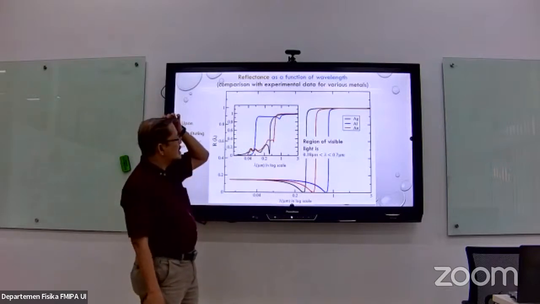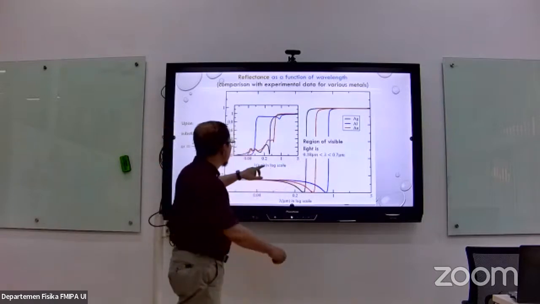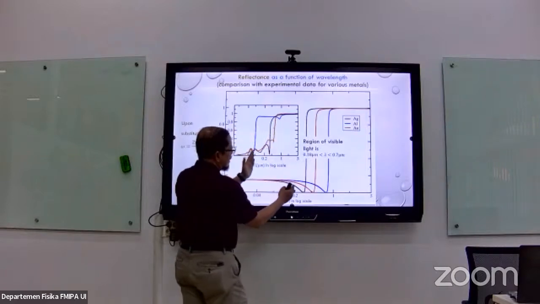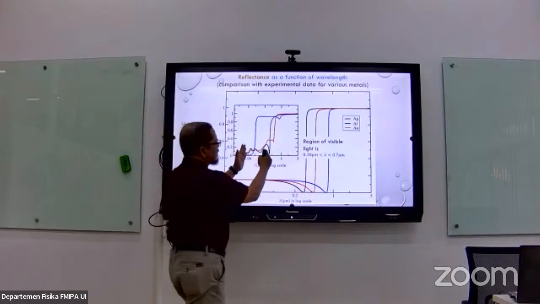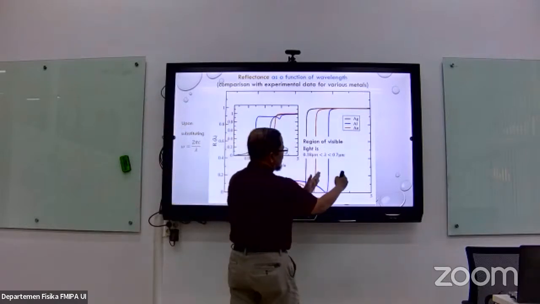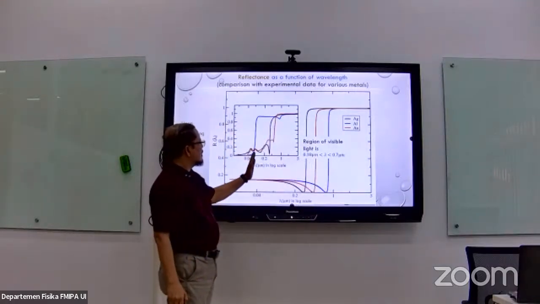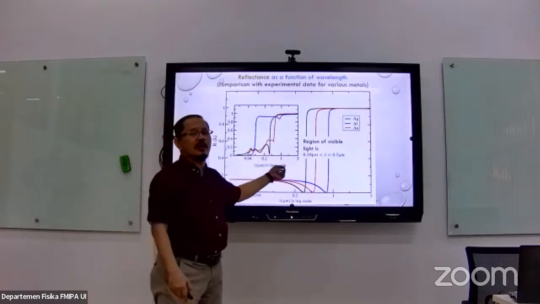And where is the region of visible light? The region of visible light is this region, which is around here. We actually expect that the visible light is exactly over here, but it is difficult for us to make a clear cut because the scale is log.